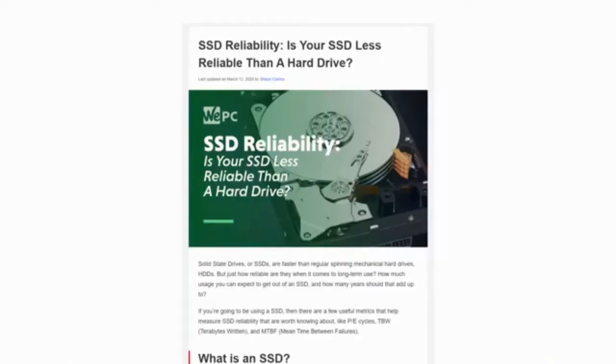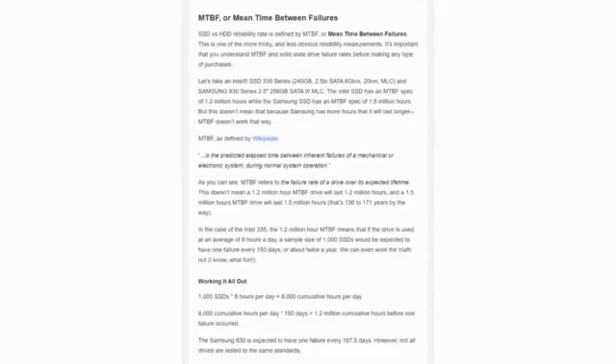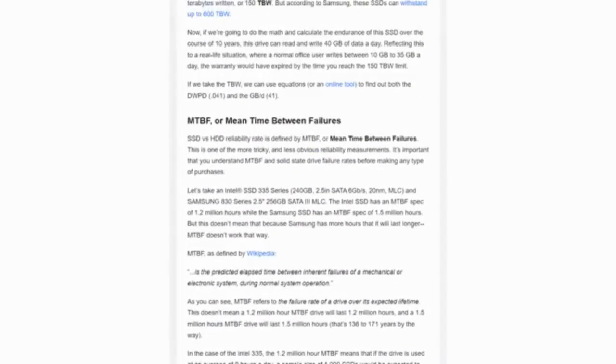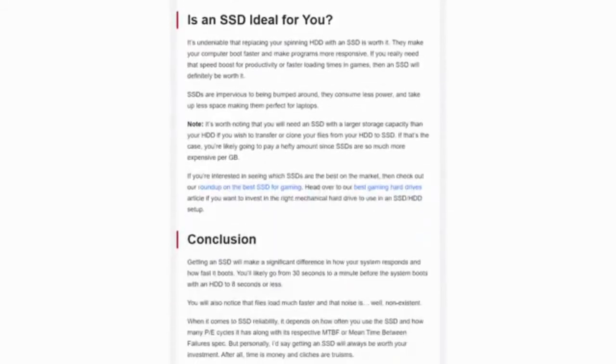And paminsan may narinig ka na yung SSDs mas mabilis masira kumpara dun sa hard drive, and that's not true at all. Actually, failure rates on SSDs are lower compared to hard drives. For one reason, SSDs have no moving parts. Walang gumagalaw sa SSD kumpara sa hard drive, where actually it goes round and round.